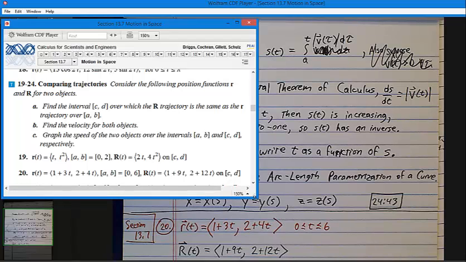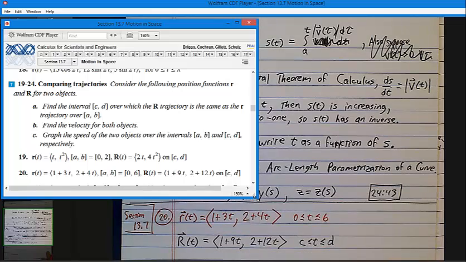It says on CD. Oh, we have to find CD. I see. So the question is, what should be C and D? Right? Well, let's see. I guess we want 1 plus 3 times 0.